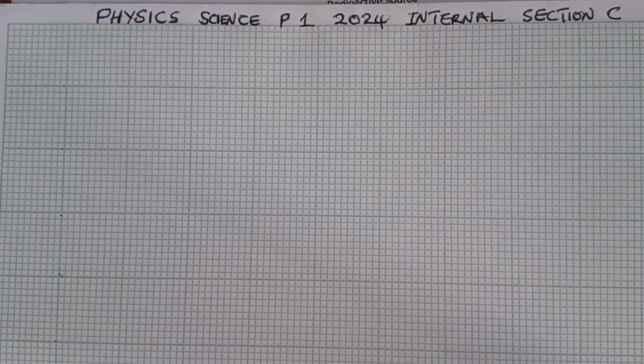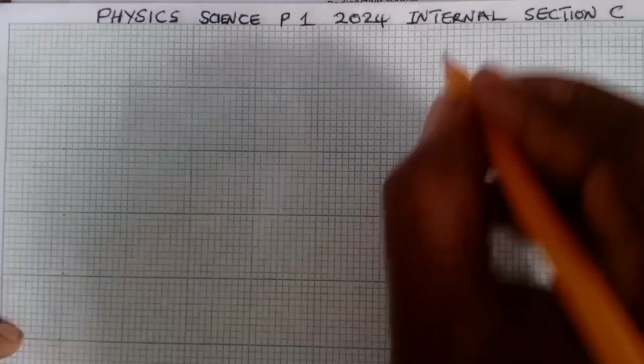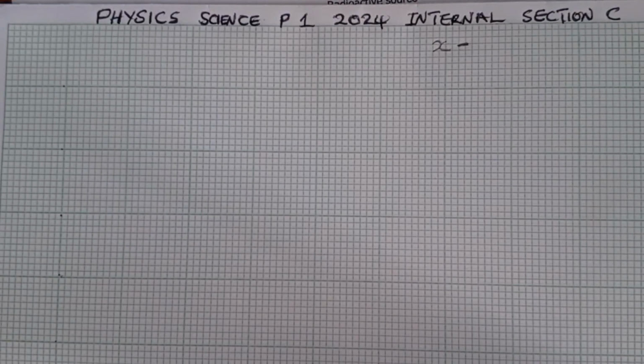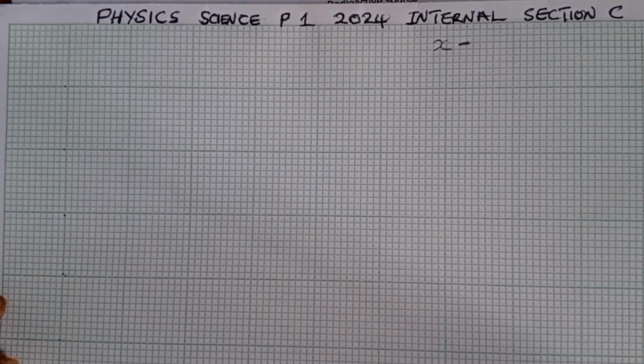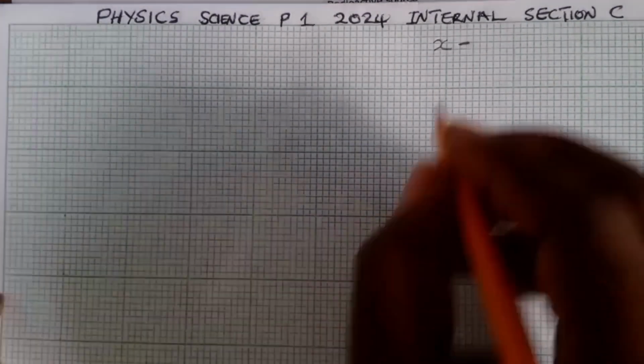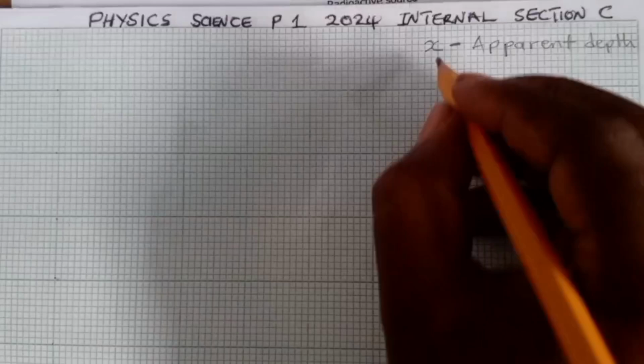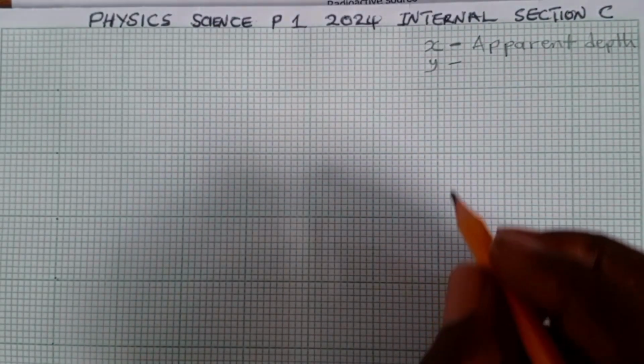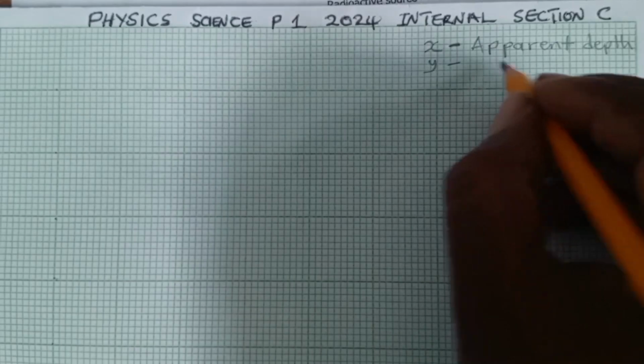So for the axes, the x-axis is the apparent depth, and the y-axis is the real depth.